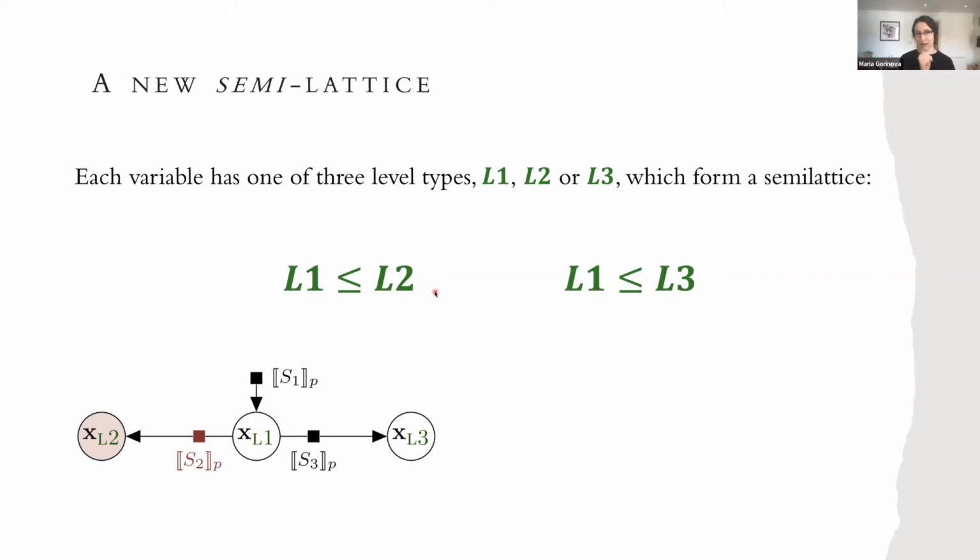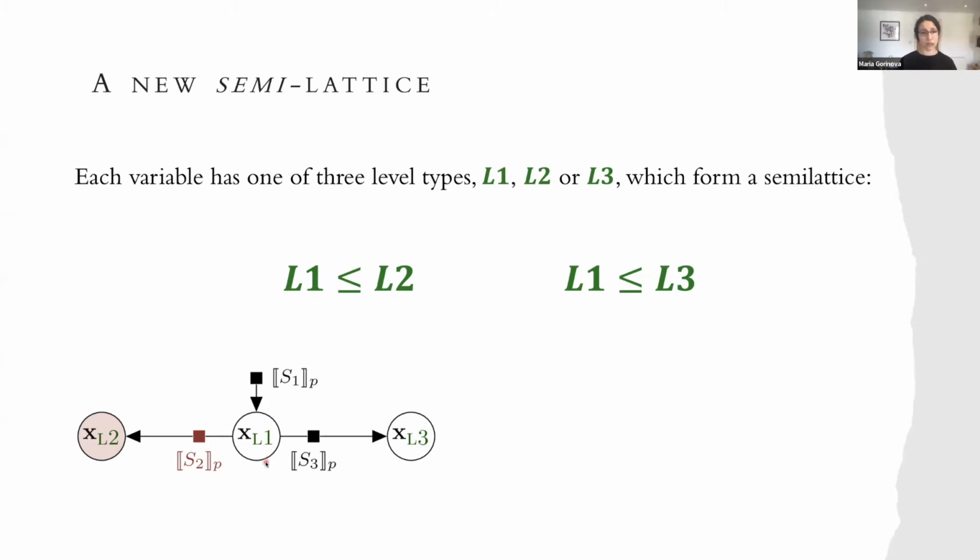And I hope this sounds familiar. I hope it sounds a little bit like conditional independence, because it's exactly that. The idea is that, looking at this graphical model over here, if we have some variables at level L2, because we know that level L2 is completely separated from L3 given L1, this is like XL2 is conditionally independent of XL3 given XL1.